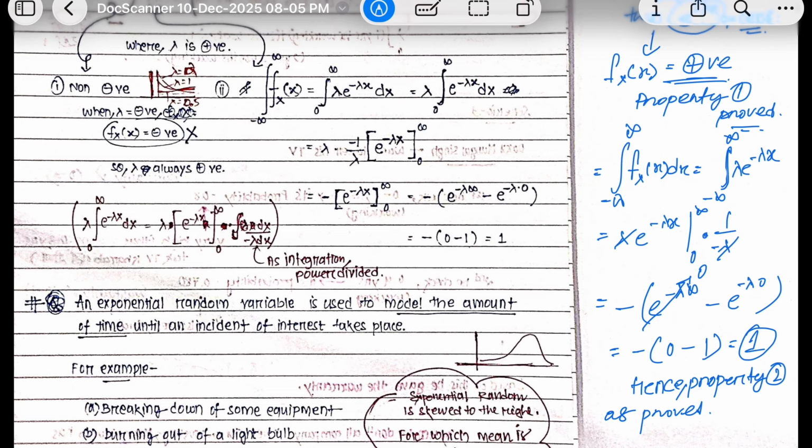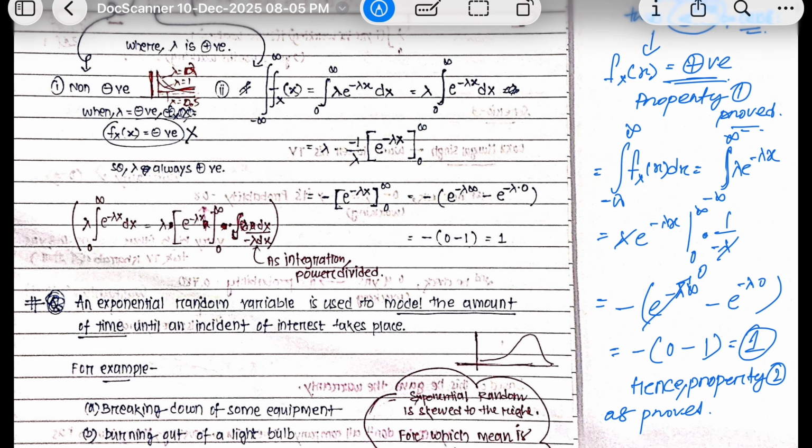I'm giving you an example. If you remember, a website gets an average of lambda equal to 5 visitors per minute.